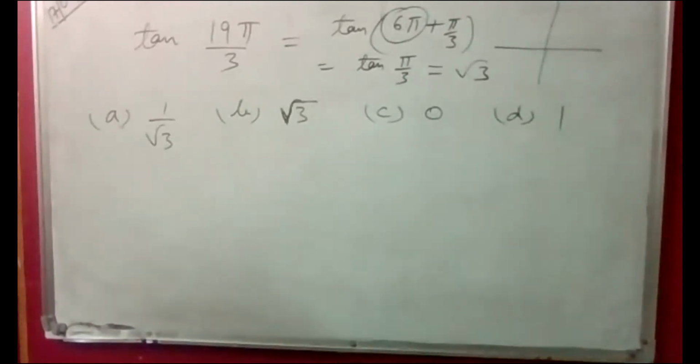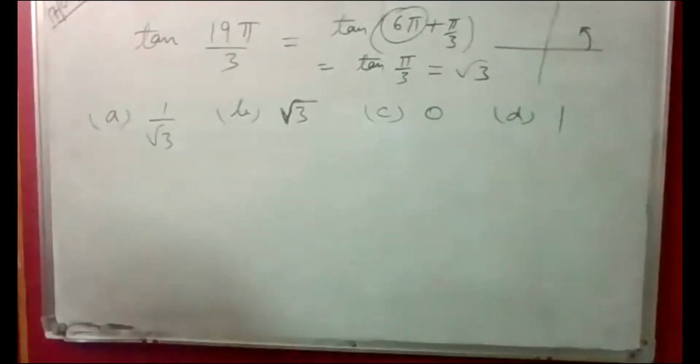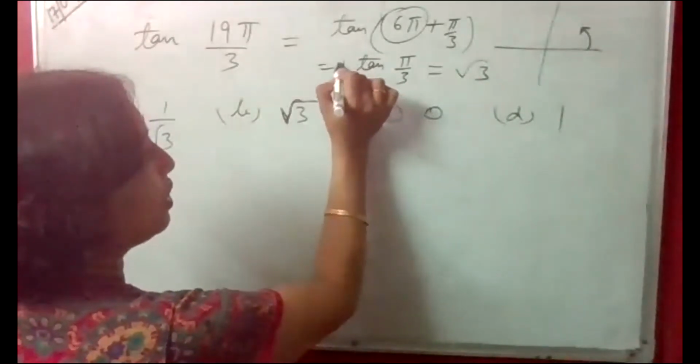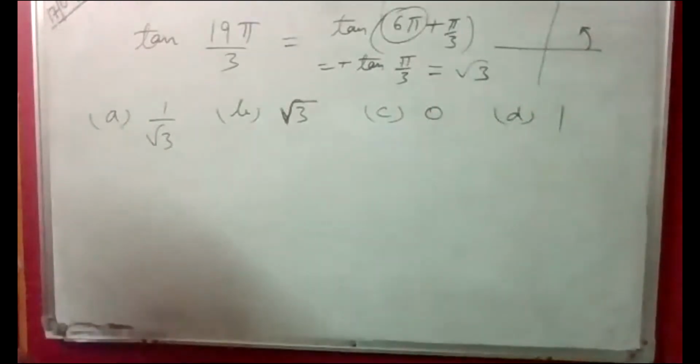So this is how we have to convert our ratios. 2 pi plus theta. Plus theta means again moving in the anti-clockwise direction. That means we come to first quadrant, and in first quadrant all the ratios are positive. Since all the ratios are positive, it will be with a positive sign, and the value is root 3.